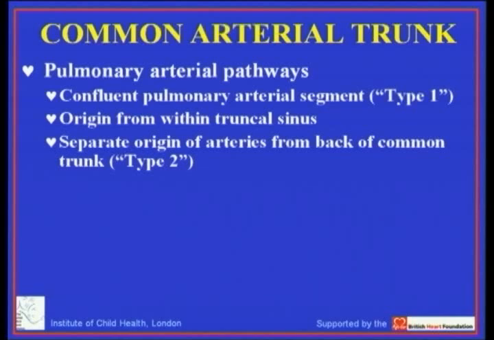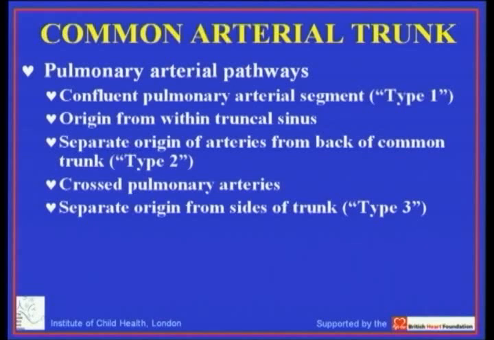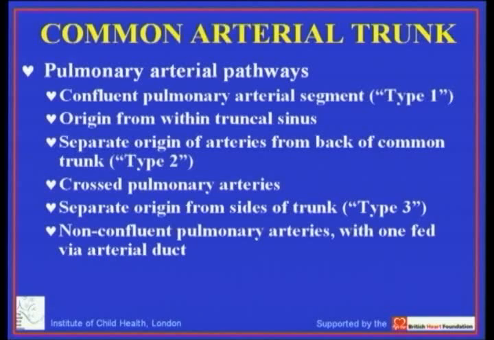But unfortunately, in many instances, the arrangement is intermediate between so-called type 1 and type 2, so many describe type 1.5, which doesn't really help us very much. And a variation in the origin of the arteries from the back of the trunk is seen when the right pulmonary artery takes origin before the left, and then the pulmonary arteries cross as they extend to the pulmonary hilums. The rarest type is where the right and left arteries arise separately from the sides of the trunk, dubbed by Collett and Edwards type 3.